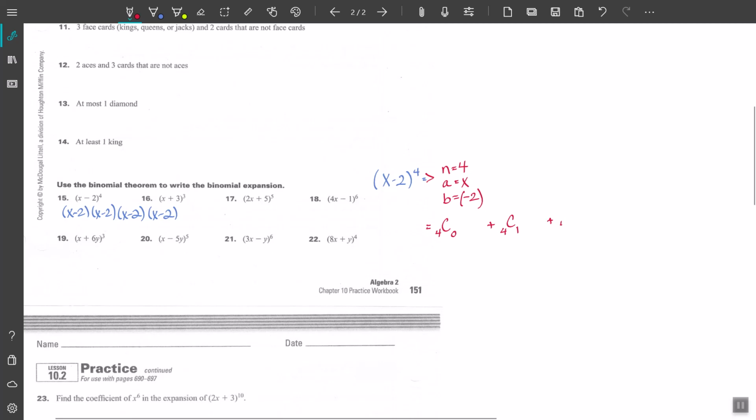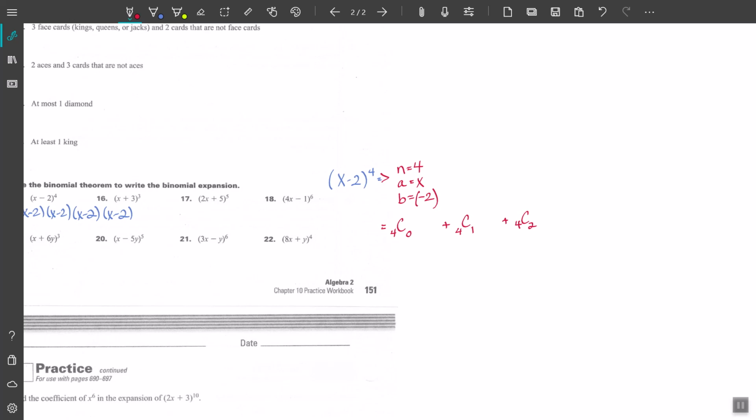My next constant, what if there were 4 in a group and I selected 2 of them? And then we'll just keep going until we get to the end.